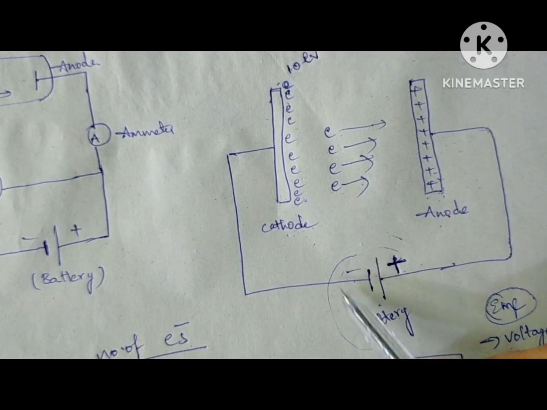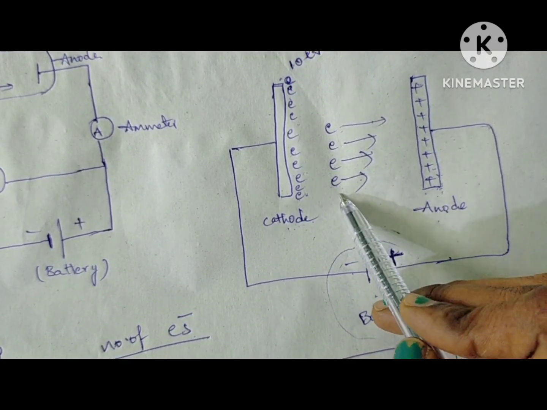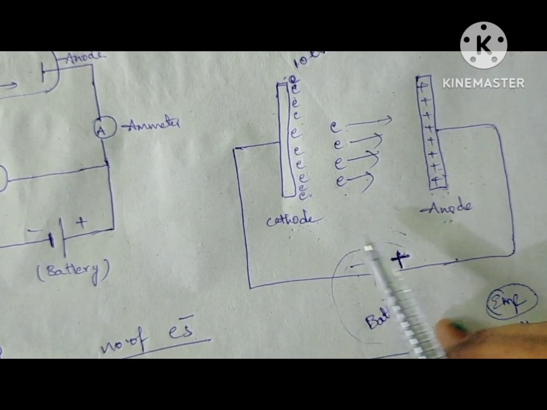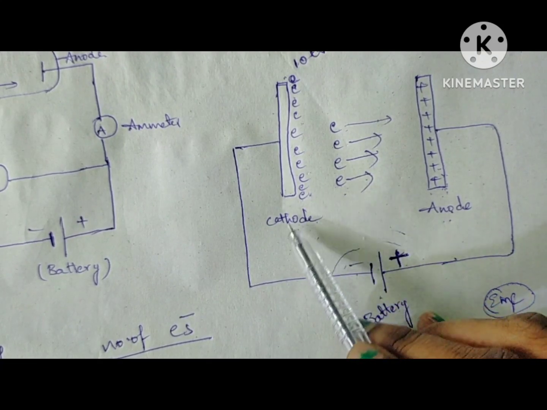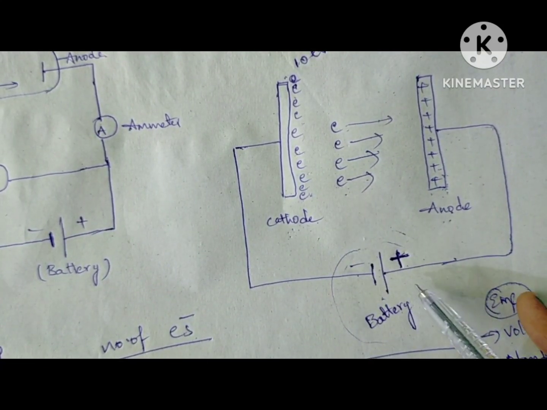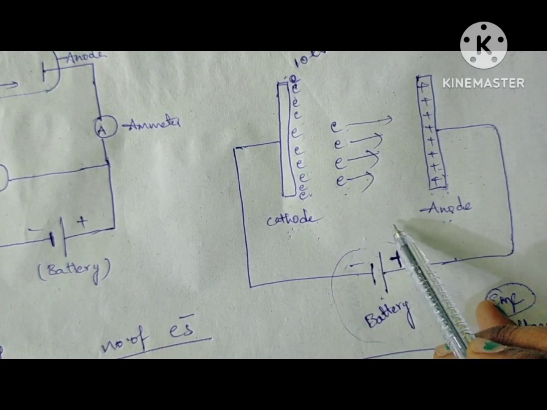Because of this current, these electrons move from cathode to anode. So this current is called photocurrent.